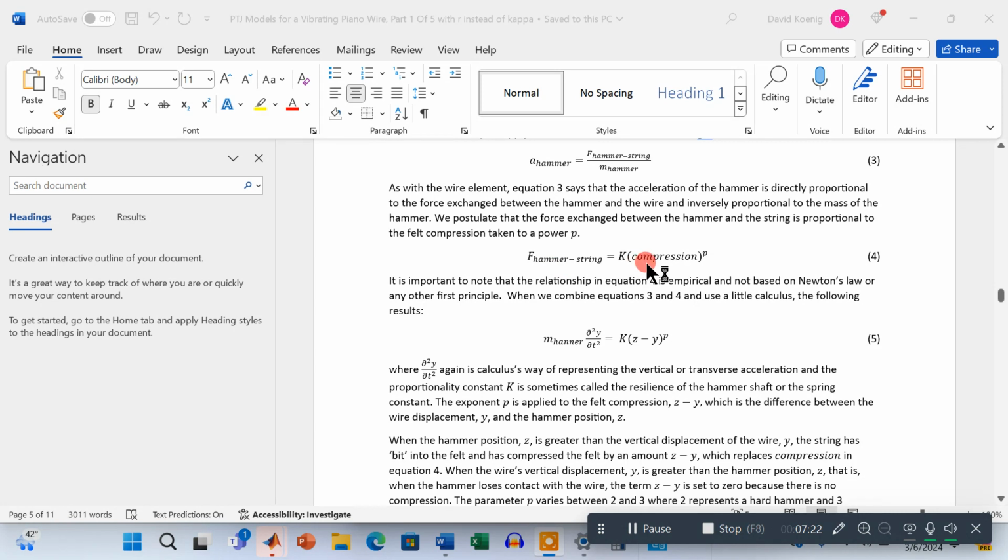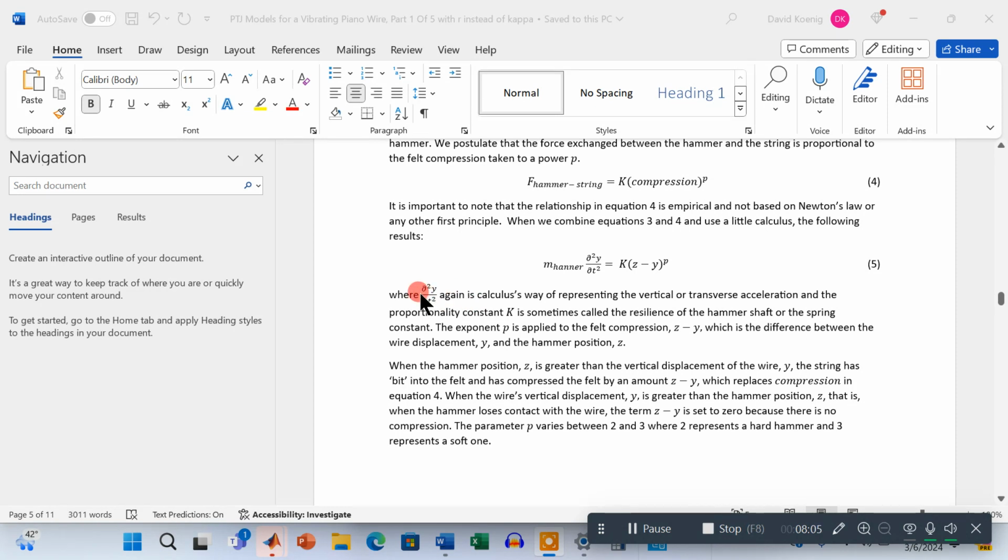And when you put the force term together with the acceleration, here's F equals ma down here, equation 5. The mass of the hammer times the acceleration of the hammer, which is second partial of y with respect to t, that's the vertical displacement of the wire, t is the time, is equal to proportionality constant k times z, which is the compression, minus y, which is the vertical displacement, and there's the quantity z minus y taken to a power p.